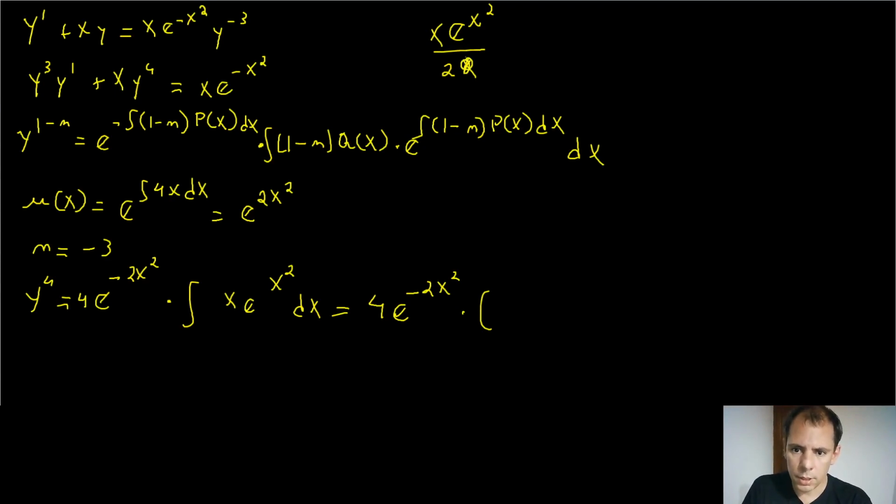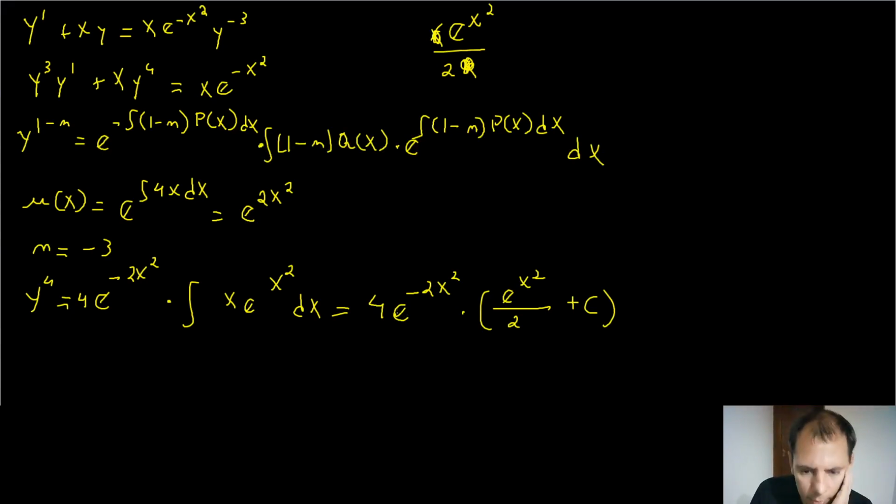These two are going to cancel, and that's what you have. So it's 4 e to the minus 2x squared times the integral, which is going to be e to the x squared divided by 2 plus c1, or plus c. Let's just do that.